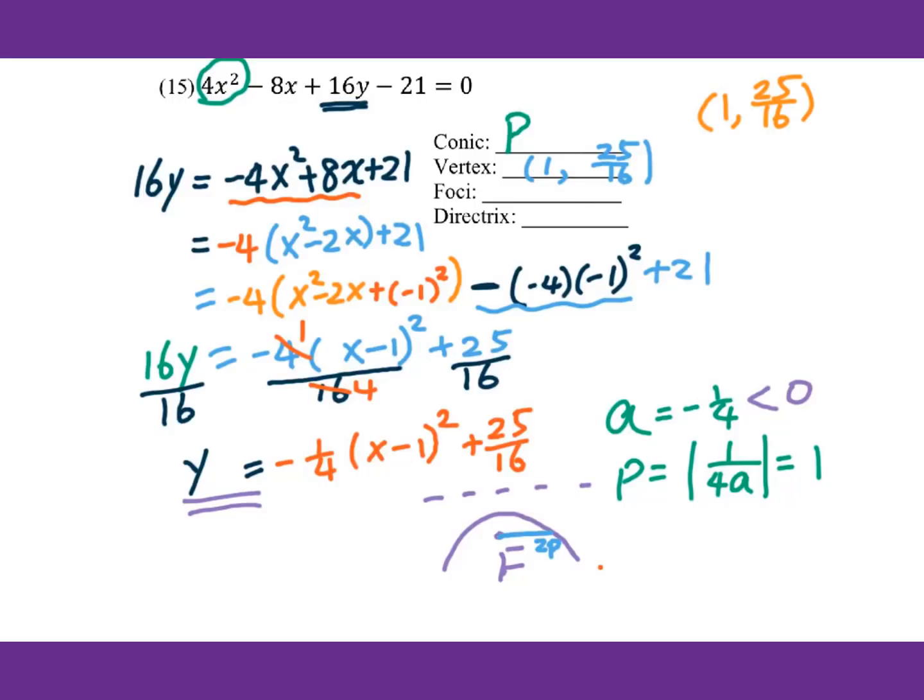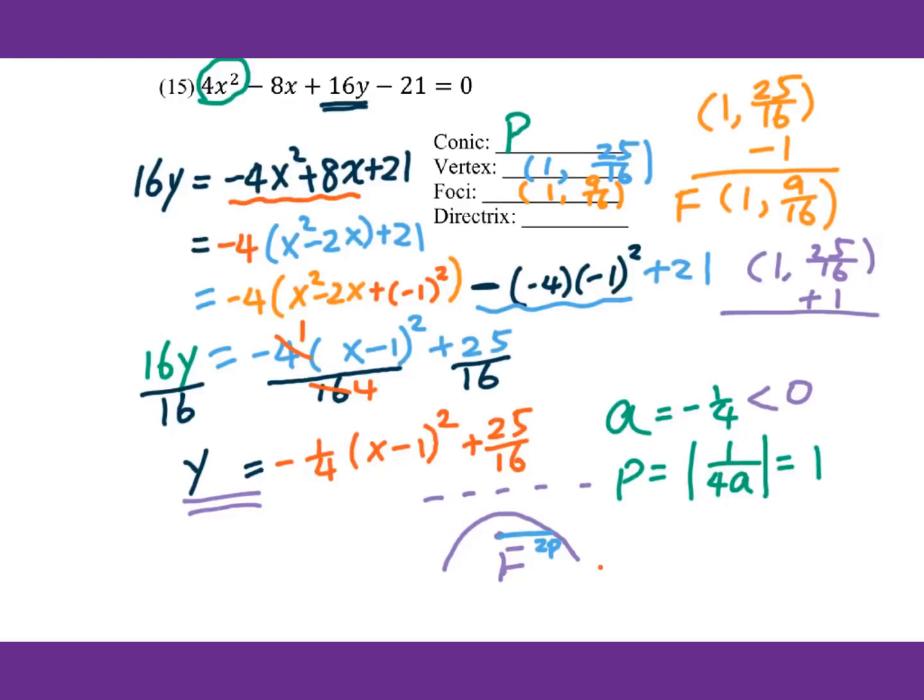Therefore, from vertex, I minus 1 to get focus. That will be (1, 9 over 16). That's focus. From vertex, then you add 1 to get directrix. That will be 41 over 16. Therefore, y equals 41 over 16.